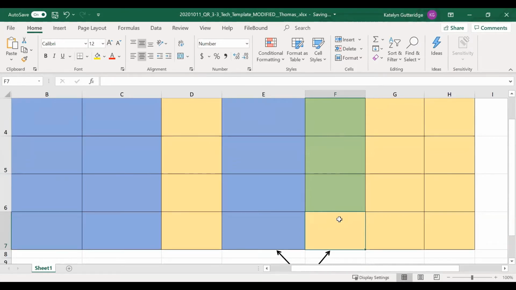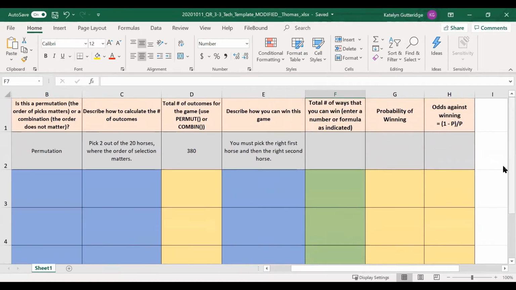For that very last one, you will have to do a calculation using combination. Hint, hint, order does not matter on that last one. You will have to use a calculation using combination where you will pick 3 out of the first 5 and then pick 2 out of the remaining ping pong balls for that last one. Okay, but for the other ones, they are in green because you are not supposed to be entering in a calculation. You should be entering in a single number.